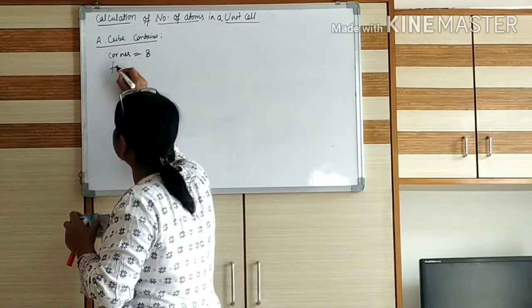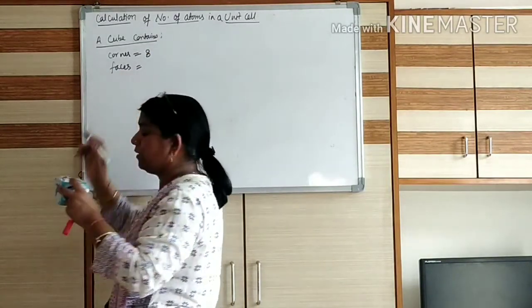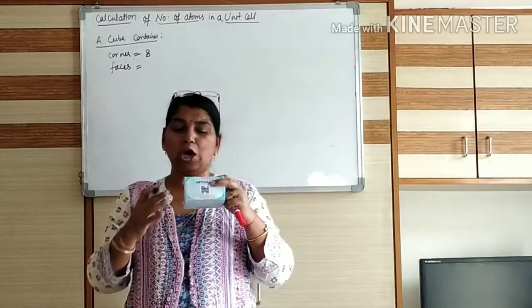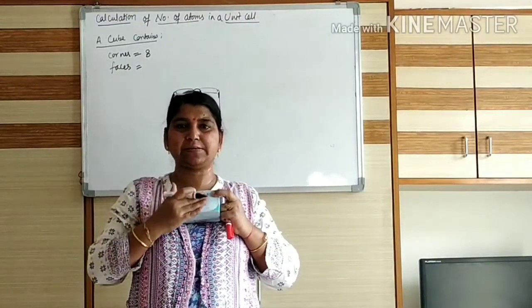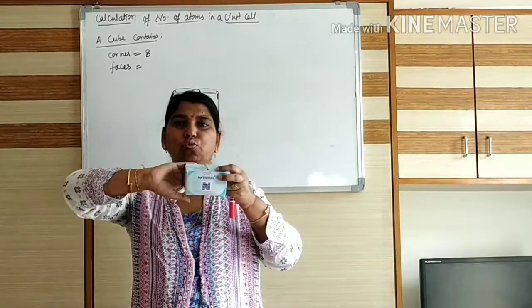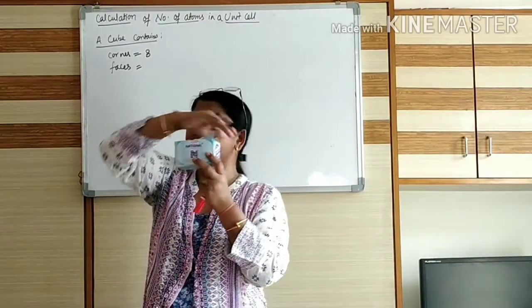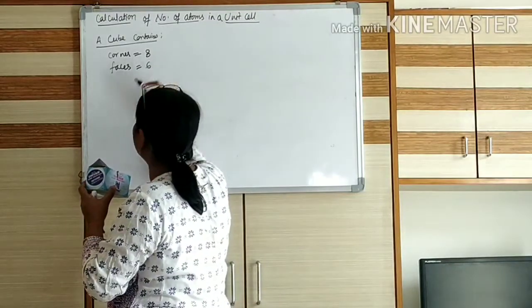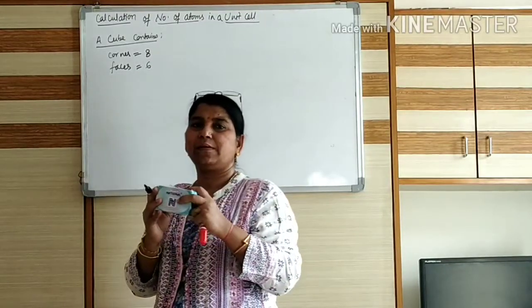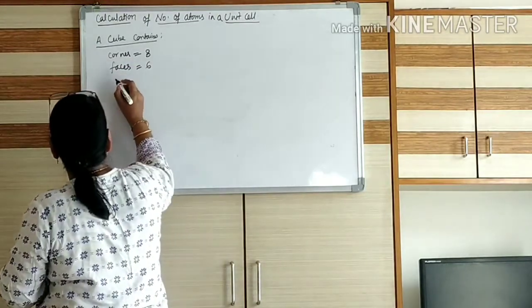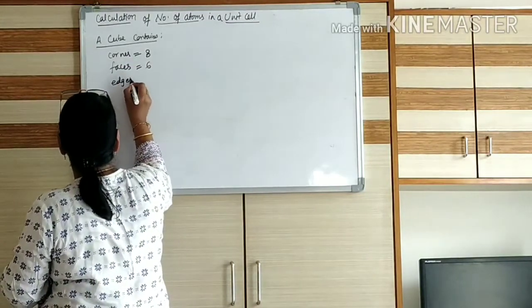How many faces? Just consider the example of a room only. How many faces? This is one face. 1, 2, 3, 4, 5, 6. So how many faces are there? 6 faces. How many corners, faces? How many edges?